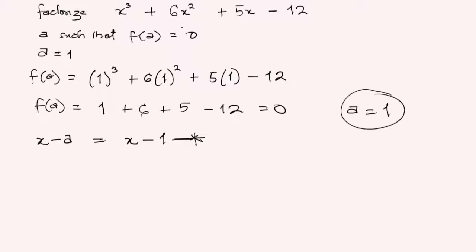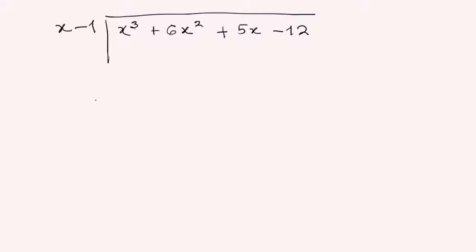Now how do we get the other two factors? Because for a cubic polynomial, we're expecting to have 3 factors. Now to get the other factors, the next step is to divide this polynomial by the first factor that we've guessed. So if we do that, we'll have that x cubed divided by x is equal to x squared. x squared multiplied by x is equal to x cubed. x squared multiplied by minus 1 is minus x squared.